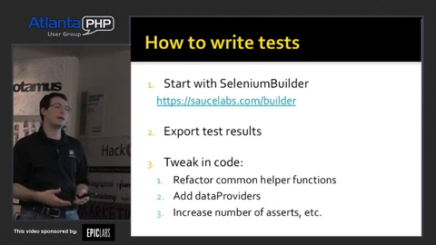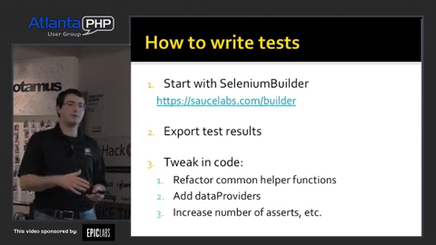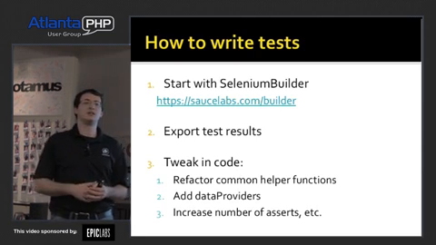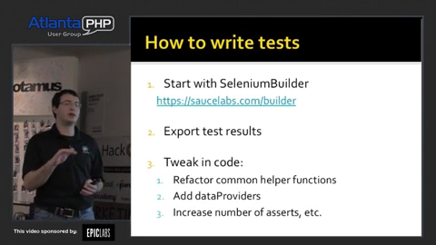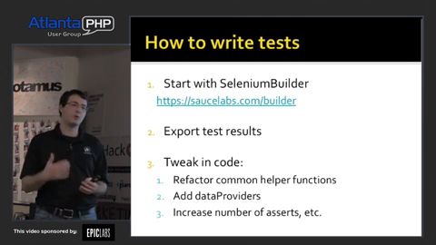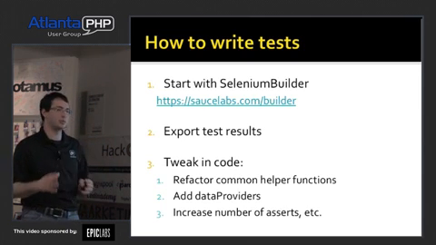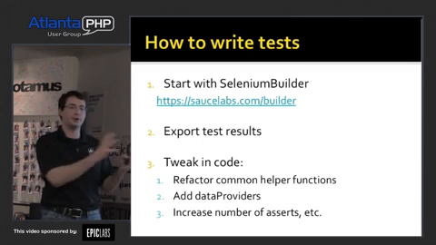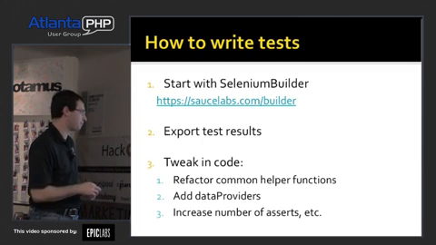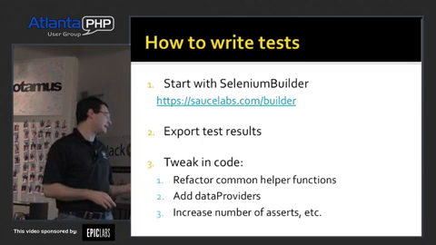So just even something as simple as logging in might require 50, 60 lines of code in terms of being really detailed in terms of your asserts. So we don't want to have that functionality spread across our application. So we're going to abstract that into a login helper and put that in one place in our application. We also might want to add data providers.